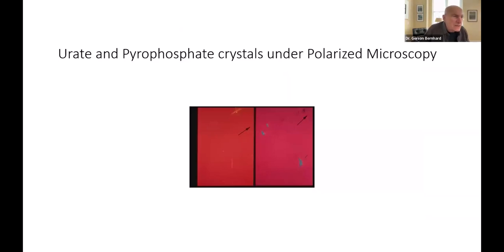By contrast, you see these somewhat blue stubby crystals, and I won't go into the details of polarized microscopy, but they look different and they are identifiable. And again, if they are present, especially intracellular, with an inflammatory, relatively acute arthritis, this is pretty diagnostic. Next.